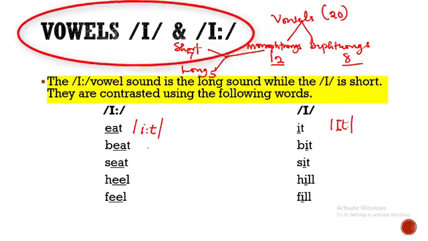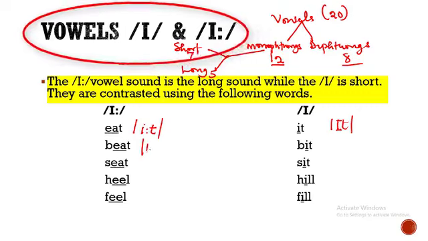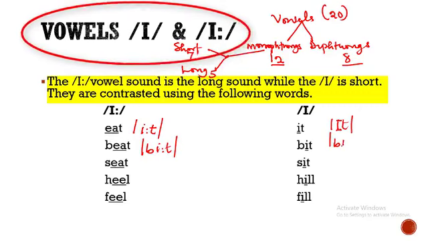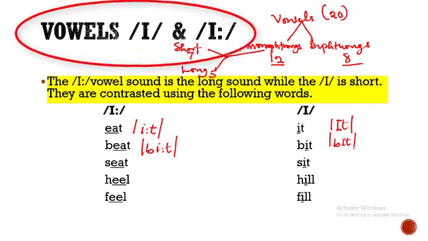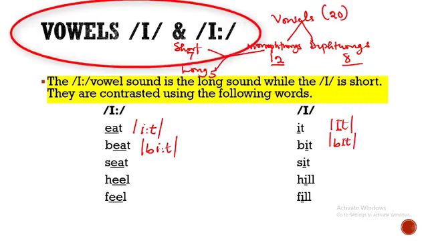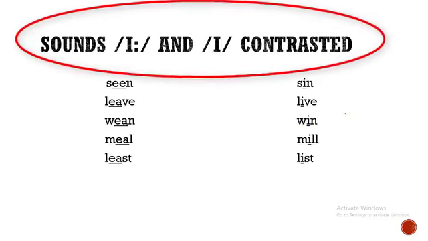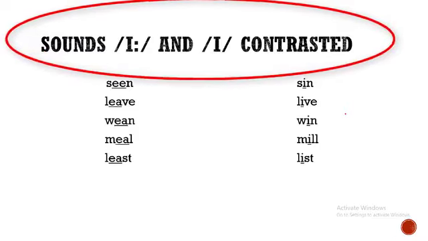So we have beat, B, E, and T. This is bit. So we have seat, also sit. We have heal, kill. We have feel, fill. We have seen, sing. We have leave, live.